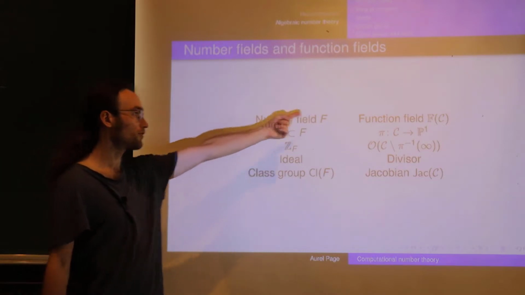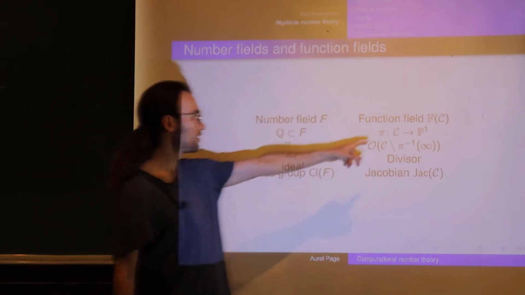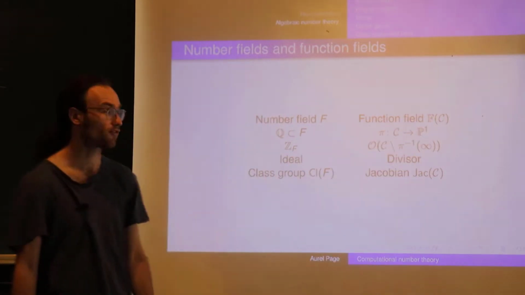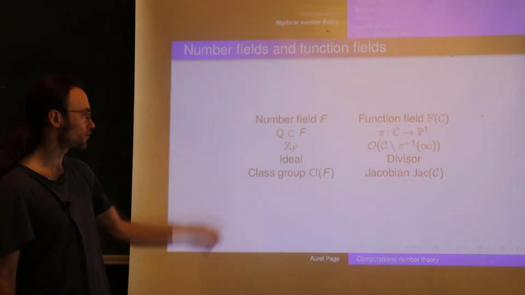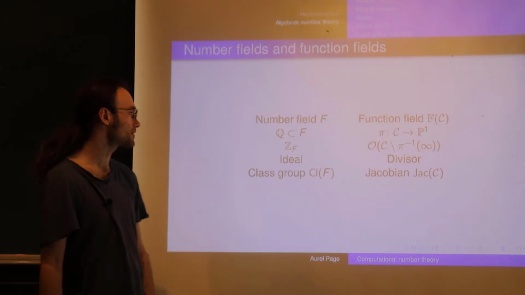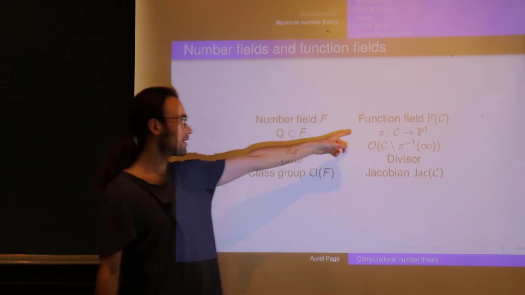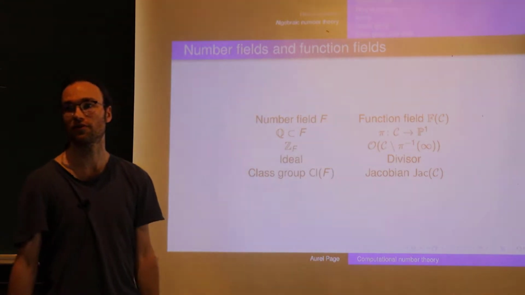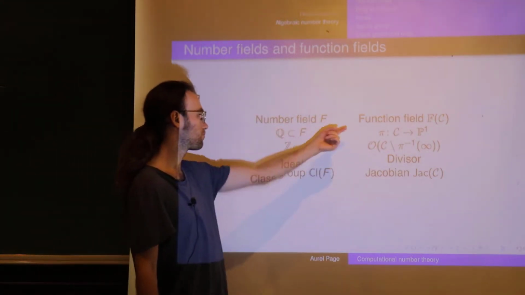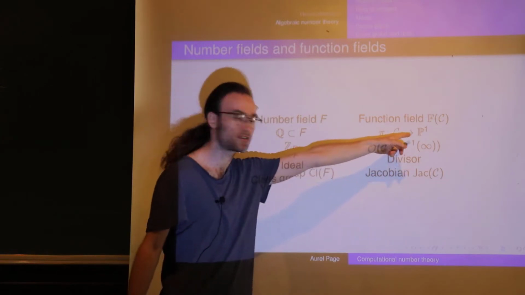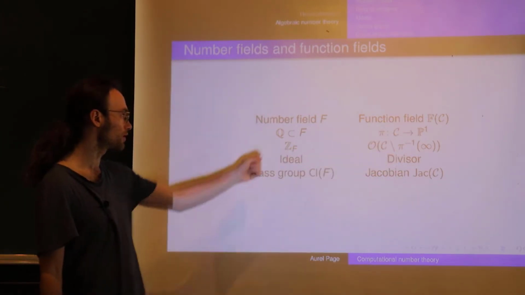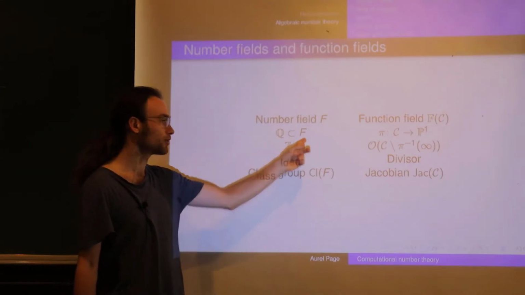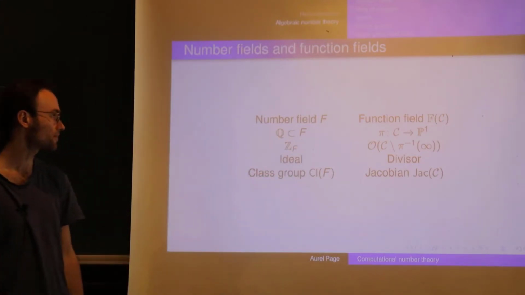So the analog of a number field is a function field of a smooth projective curve over a finite field F. And one thing you need to be slightly careful about is that there isn't a single copy of the rational function field inside of F(C). So to have a correct analogy, you need to choose a morphism to P1. And that will give you the analogous thing as Q inside of your number field.